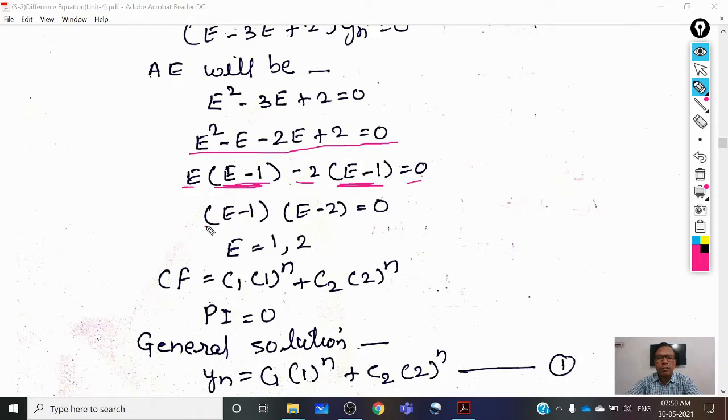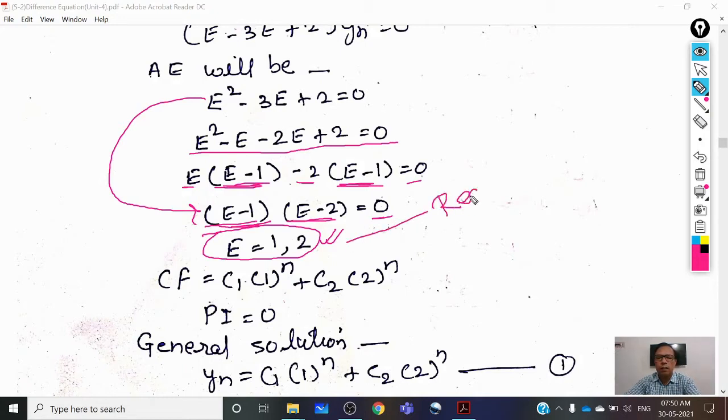Or finally we get by factorizing this equation (E − 1)(E − 2) = 0. This gives E equal to 1 and 2, which means roots are real and unequal.